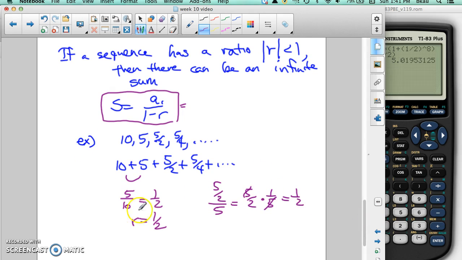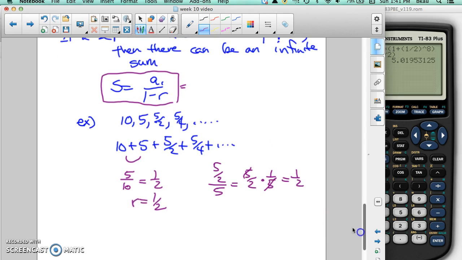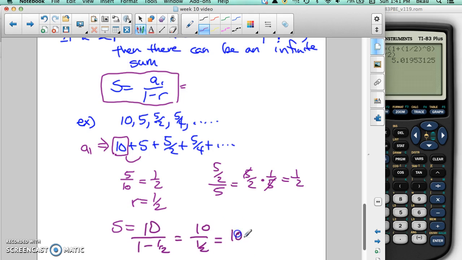So in this case, we have a convergent sum. So we can use the formula. We know what a sub 1 is. That's this value right here. So we have 10 over 1 minus 1/2. So this is going to be 10 over 1/2, which is 10 times 2 over 1, which is 20.